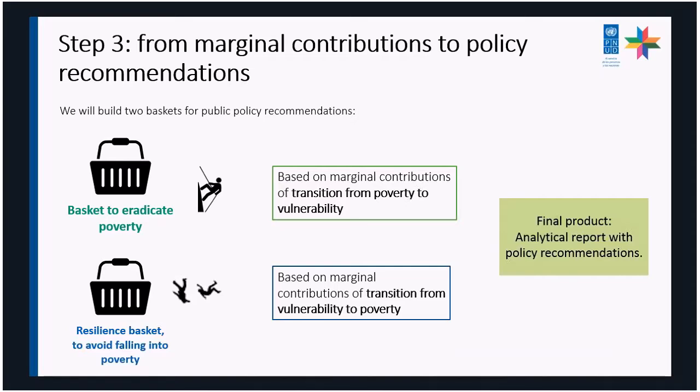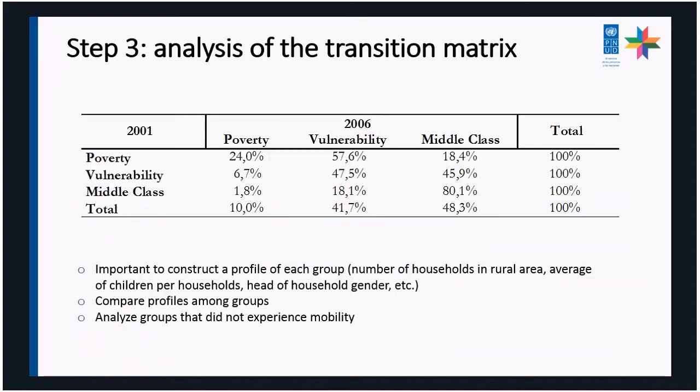So, the first thing to do is to analyze the transition matrix. We constructed this matrix in Step 2, and now we think that we should use this information to construct profiles of each group. For example, here you know that 24% of the poor population did not get out of poverty and stayed in poverty, and we want to know which kind of households they are.